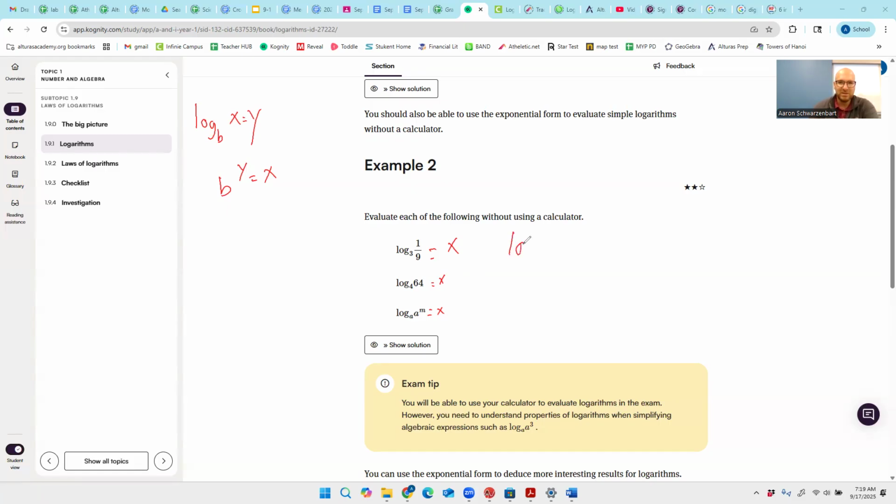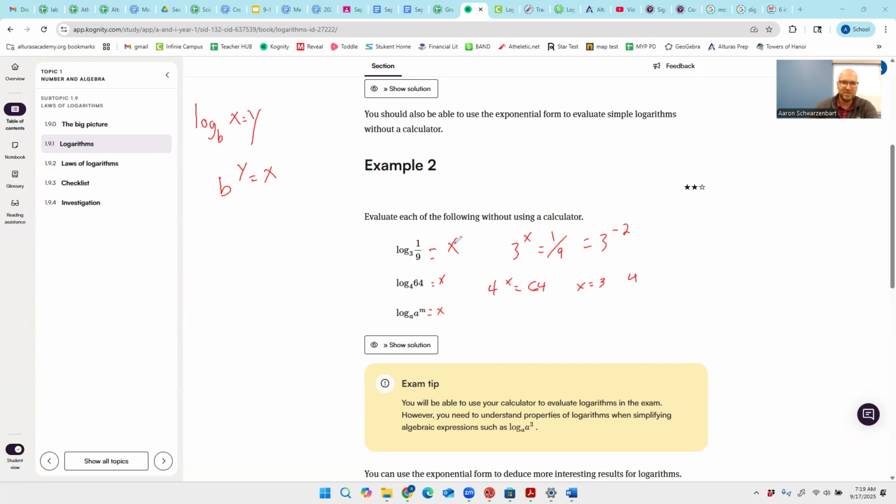I will convert them all to exponential form. 3 to the x equals 1/9. That's like 1 over 3 squared, which is 3 to the negative 2. 4 to the x equals 64. That's x equals 3, so 4 to the third.